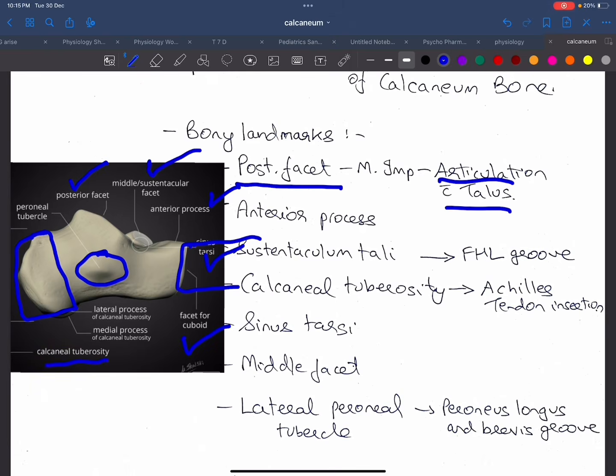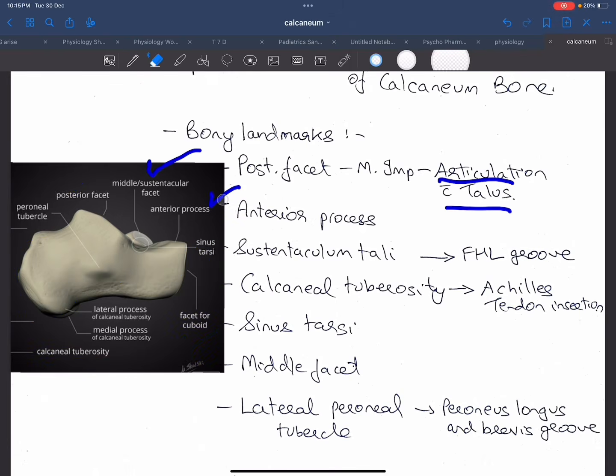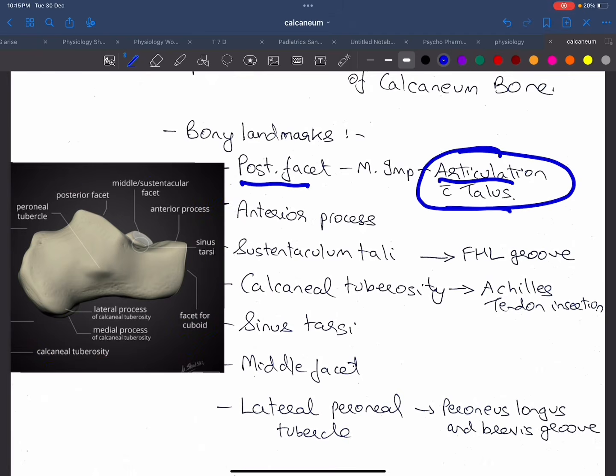So these are the important bony landmarks. The posterior facet is most important, articulating with the talus. Then the anterior process, and the sustentaculum tali or sustentacular facet, which has a groove through which the FHL muscle passes.